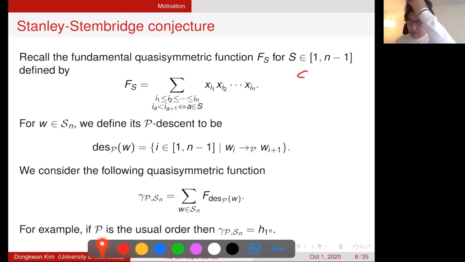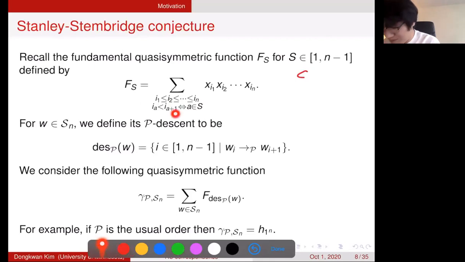So this is just a sum of all these monomials where the jumping happens in this set of numbers which you pre-designed.